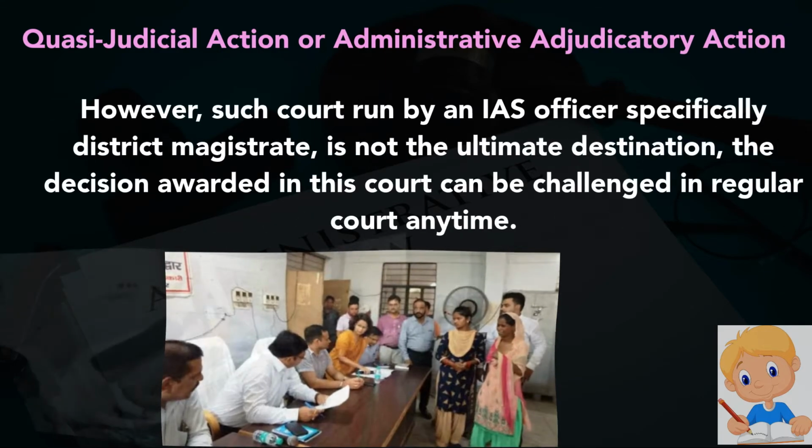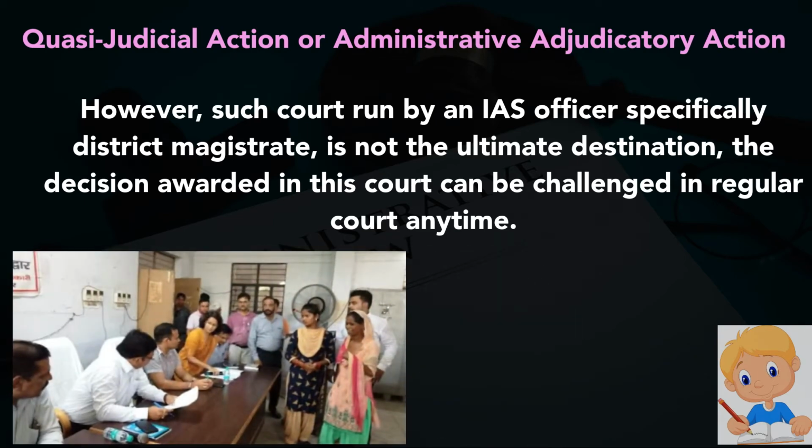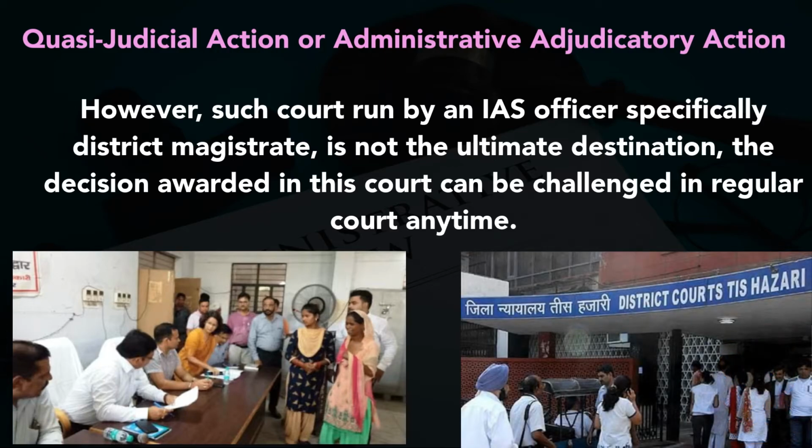However, such a court run by an IAS officer, especially a district magistrate, is not the ultimate destination. The decision awarded in this court can be challenged in a regular court anytime, as you know. That is the kind of thing we will discuss in the next chapter, especially natural justice.